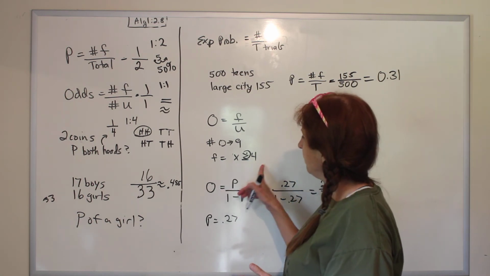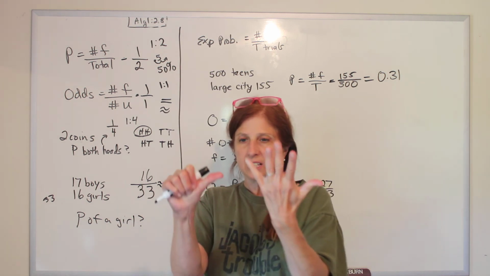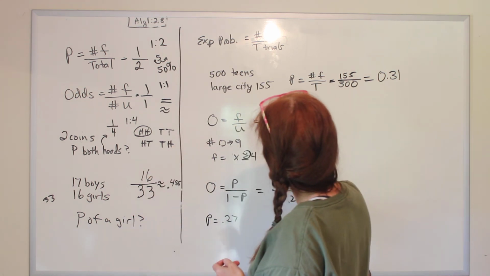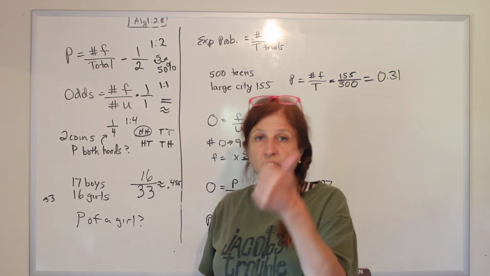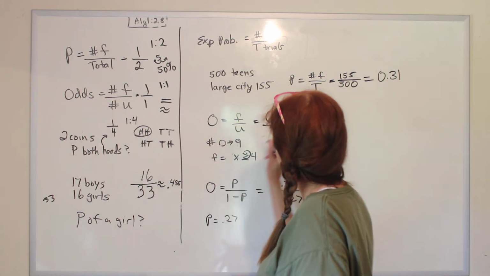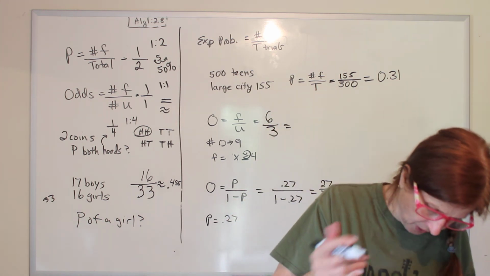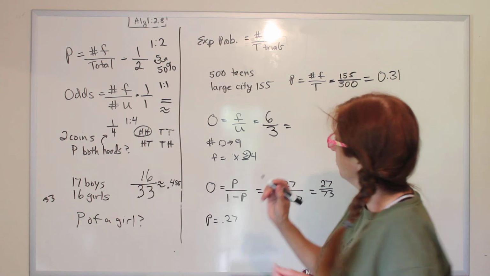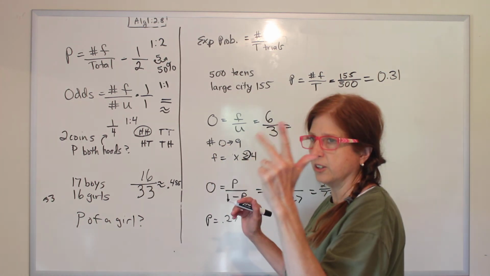Well, how many favorable do we have? We have 4, 5, 6, 7, 8, 9. So we have 6 favorable divided by unfavorable. So that's 0, 1, 2, 3. Oh, wait a minute. 0, 1, 2, 3. That's 4.